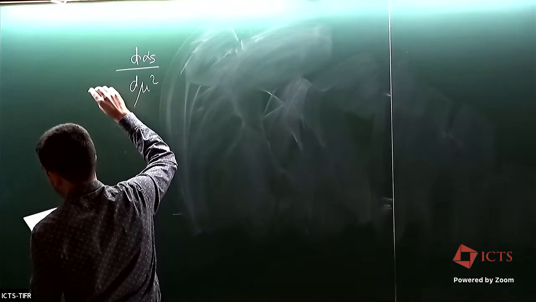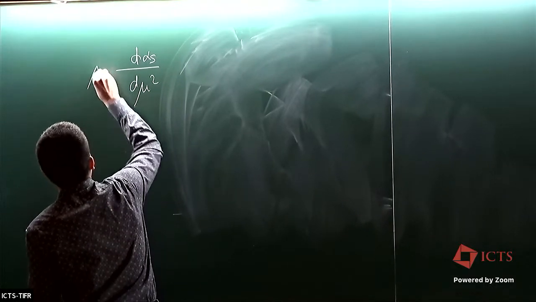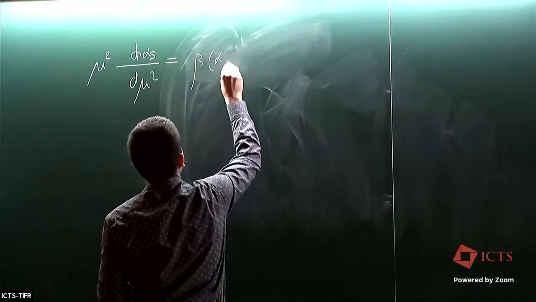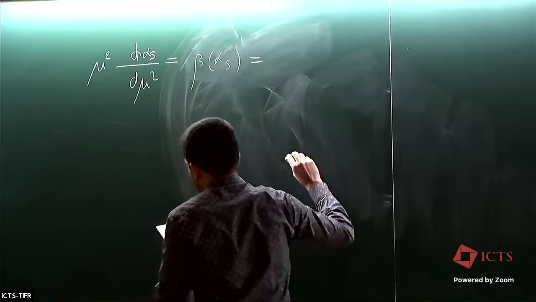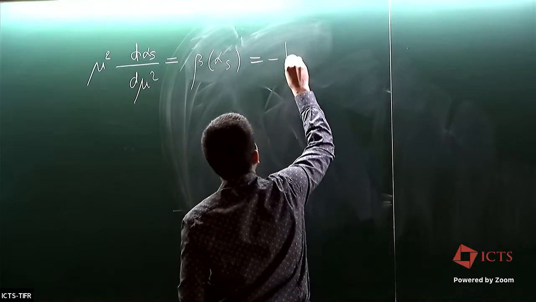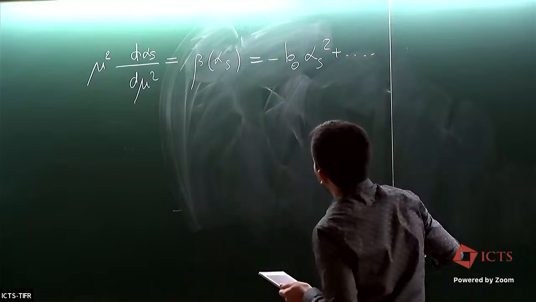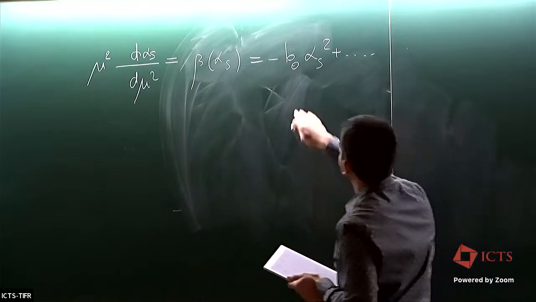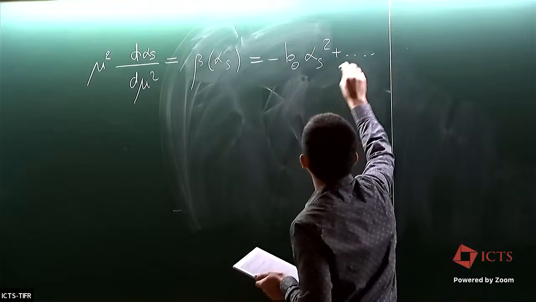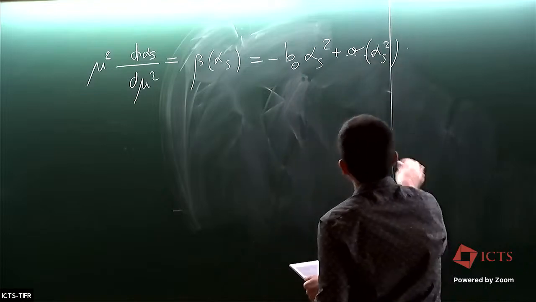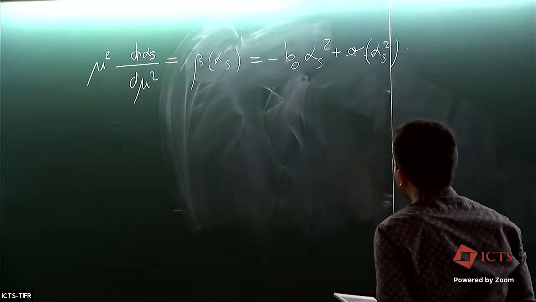The derivative of alpha strong with respect to mu square is given by the beta function. And this is a power expansion in alpha strong. Since we are interested in working at the lowest order, we keep only the B0 term. These other terms are suppressed as powers of alpha strong, and we don't consider them.